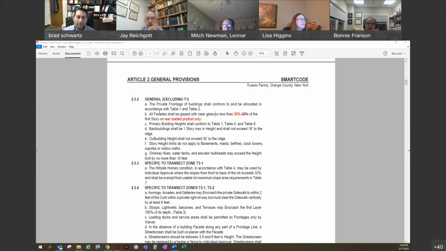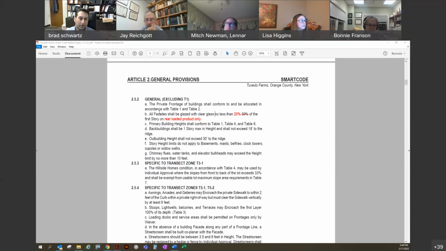Yes, we can. Certainly, the intent in the smart code, and this is a general design concept, was that the town didn't want to see a lot of front-loaded garages, especially front-loaded garages that are pushed in front of the main facade. That concept was not what these set of design standards were embracing.